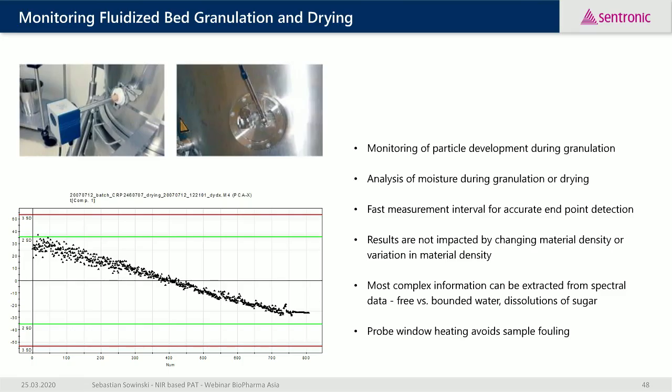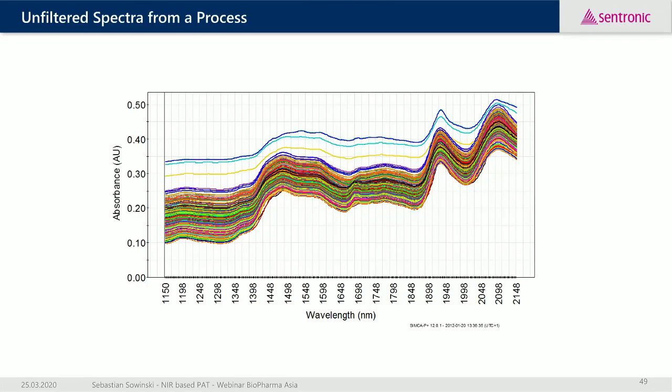And for drying, the obvious CQA here is final moisture, and this can be trended on either a PLS model based on LOD reference values, or it can be trended on a PCA as shown here.